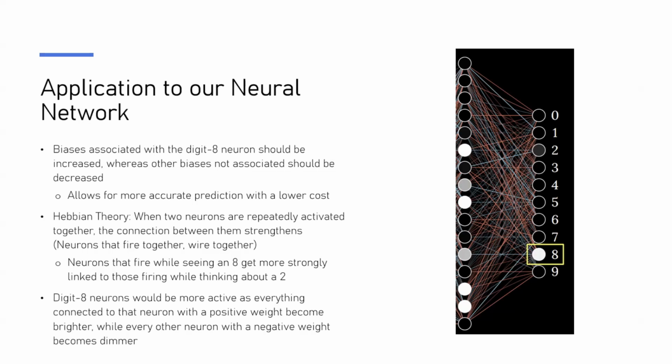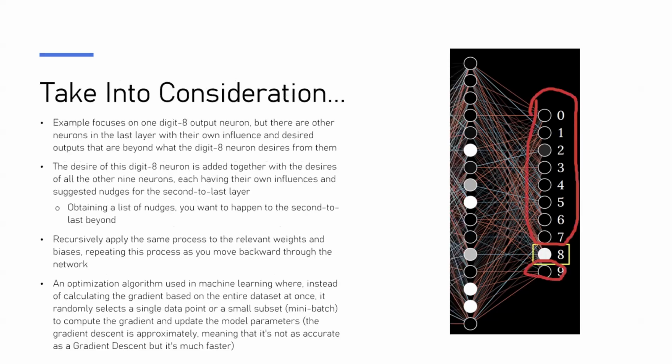Now, it's not directly similar to a neural network, but the principles are basically the same, in that neurons that fire while seeing an eight get more strongly linked to those firing while thinking about an eight. Digit 8 neurons would be more active as everything connected to that neuron with a positive weight becomes brighter, and every other neuron with a negative weight becomes dimmer.